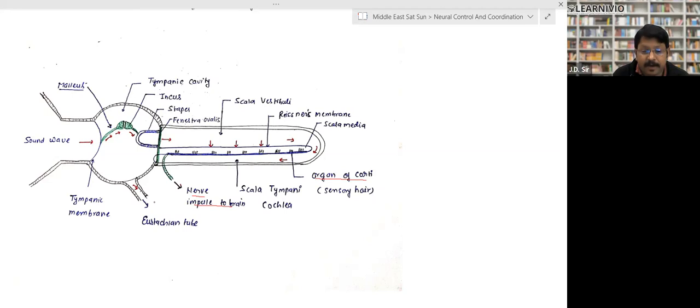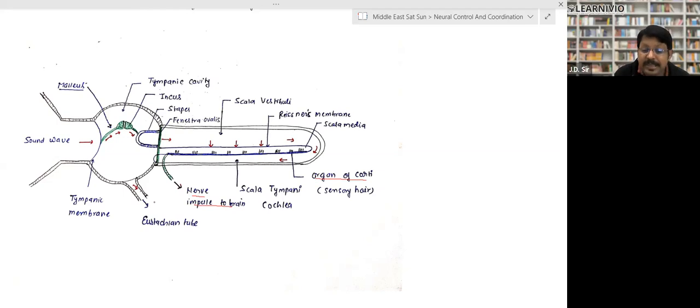The sensory hair cells on the organ of Corti receive the vibration. Full stop.